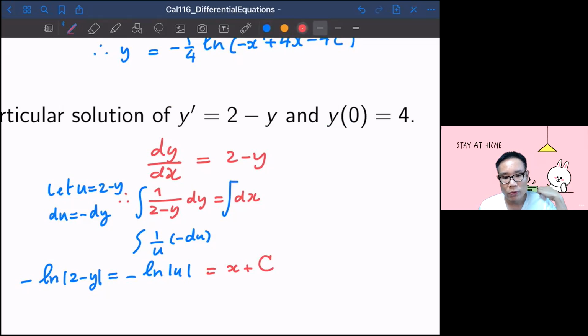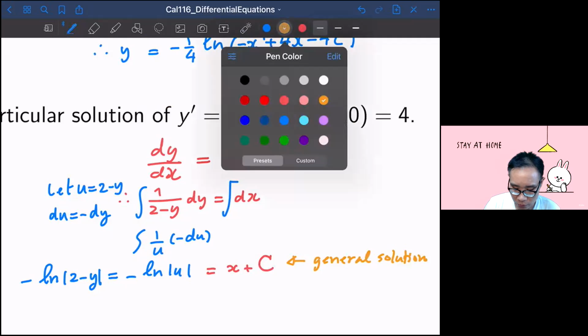Okay, so this one is called what? This one is called the general solution. And we're going to use y of 0 equal to 4 in order to solve this one.